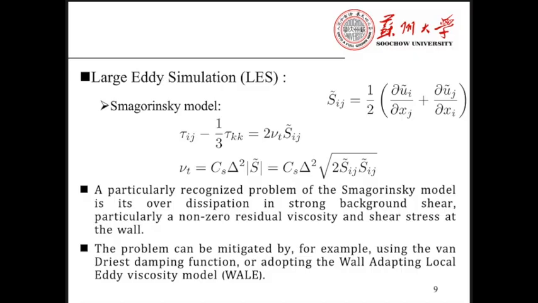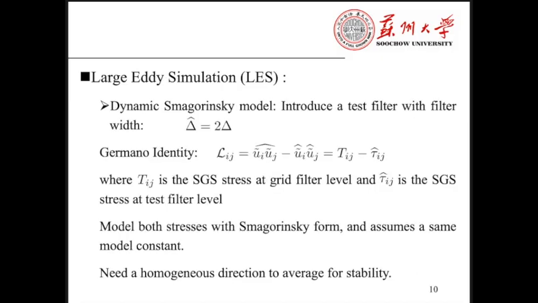We know that the problem can be mitigated by, for example, using the Van Driest damping function or adopting the wall-adapting local eddy viscosity model. The dynamic Smagorinsky model introduces a test filter with filter width delta hat equals 2 delta.